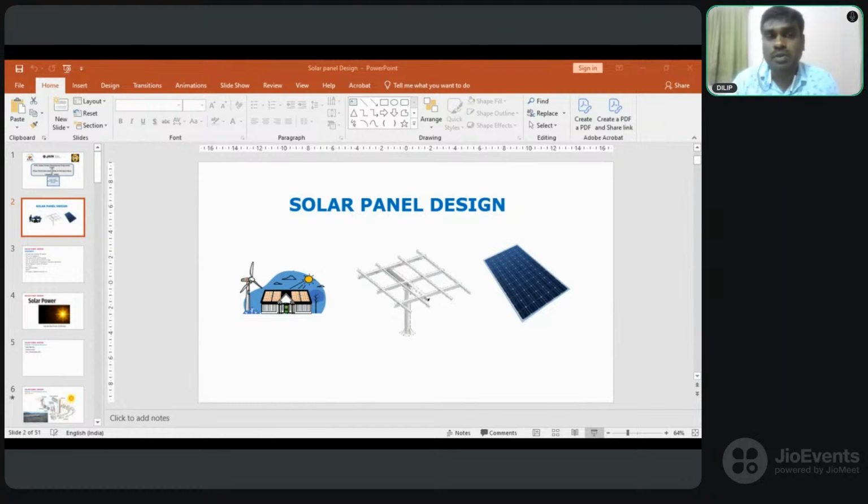Before I start on solar power, in 2015 the Paris climate deal happened in Paris, France. In that climate deal, India pledged in its INDC that we are moving from fossil-based fuels in the generation of electricity to non-fossil-based generation of electricity.